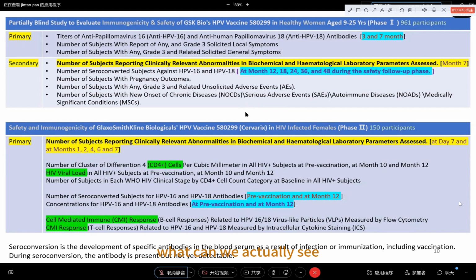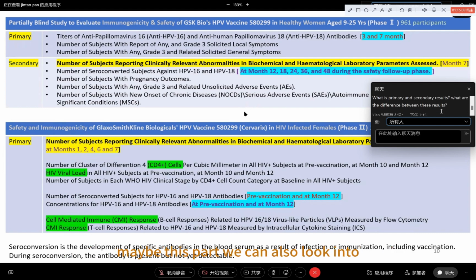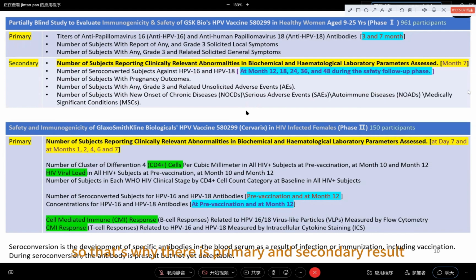Sometimes it's something the researcher or the PI, the principal investigator, didn't think about in the first place, and after the initial part they think, maybe this part we can also look into, but this is not as critical as primary. So that's why there are primary and secondary results. If you look at clinicaltrial.org, you will always find primary and secondary results.